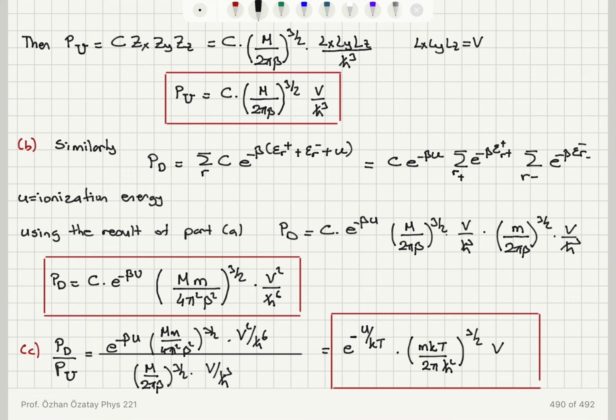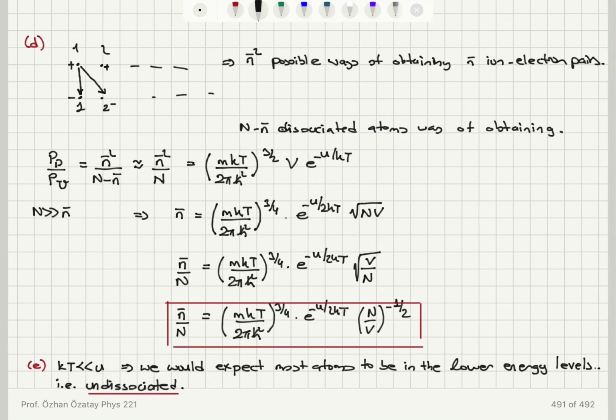This time we have the additional e to the minus beta U factor, and the same calculation is performed for electron and ion, giving us capital M times m. So that's the difference, because we have to replace the mass with that of the electron for the electron case, divided by (4 pi squared beta squared)^(3/2) times V squared over h bar to the 6. When we take the ratio, we see that we have an e to the minus U over kT factor, a temperature to the power 3/2 factor, and the volume factor coming into play.